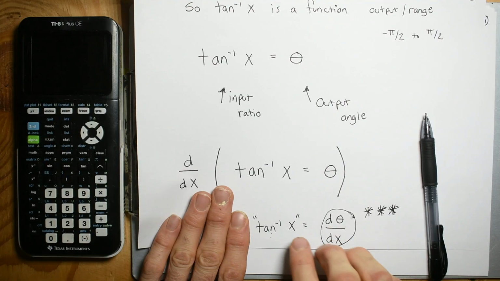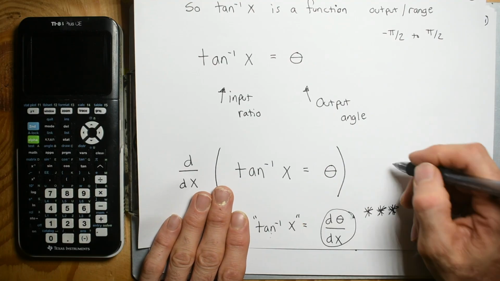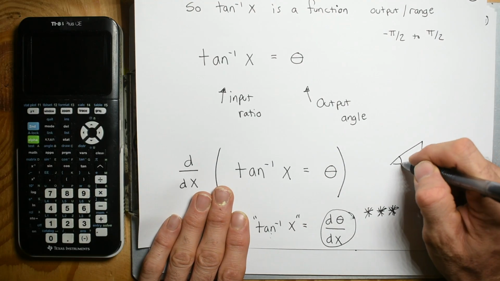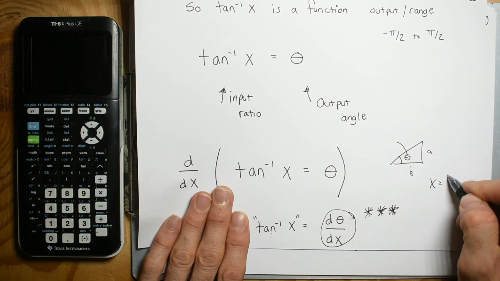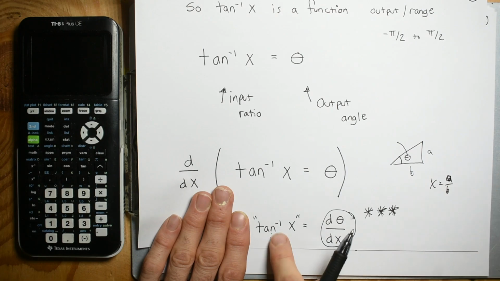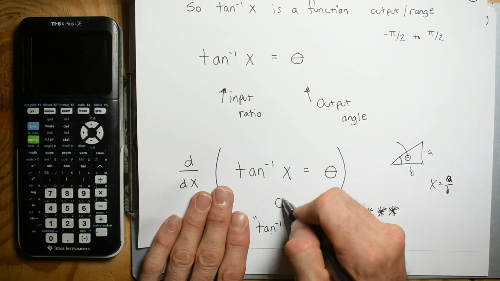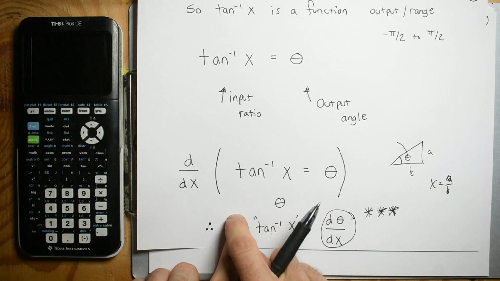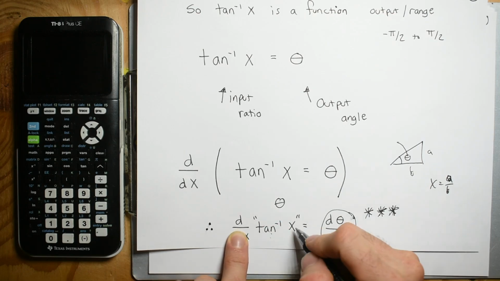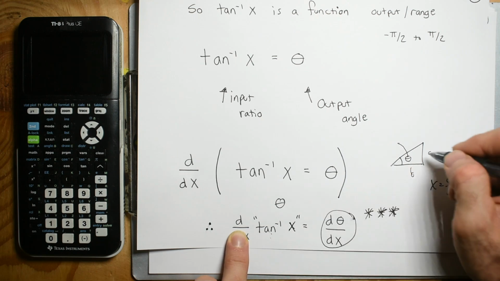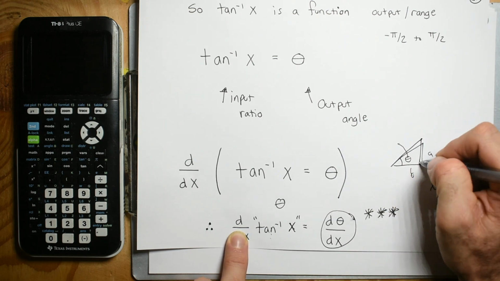If you throw in any value of a ratio, pick any triangle, you're going to output the angle. So this x is a over b, and this is an equation to output an angle. When we change that, we're going to have a value of the ratio here and then a value of the ratio just right there.